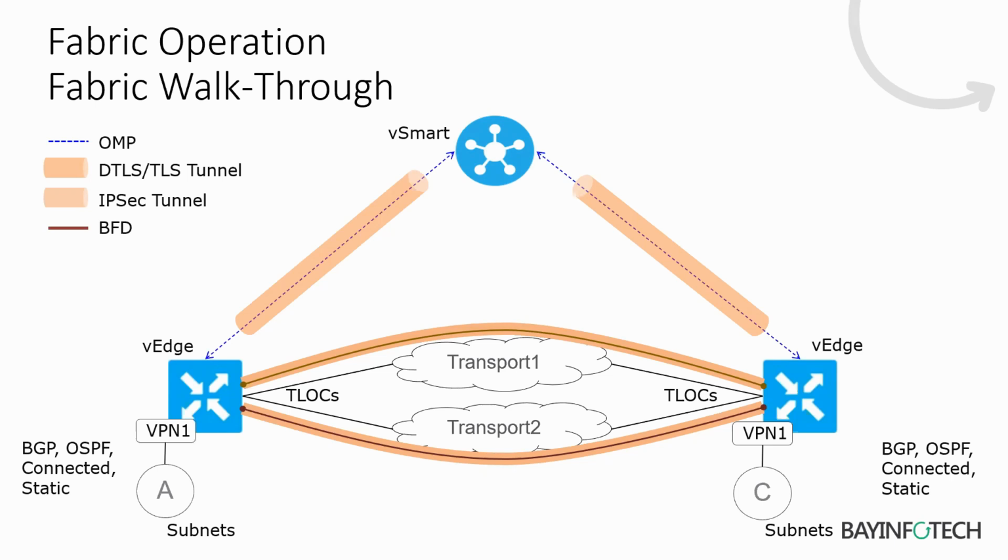The next step is to determine reachability for the local service-side networks behind each vEdge router. Each vEdge router will use local mechanisms to determine its local networks, which can be directly connected subnets, statically defined subnets, or dynamically learned subnets through OSPF or BGP.